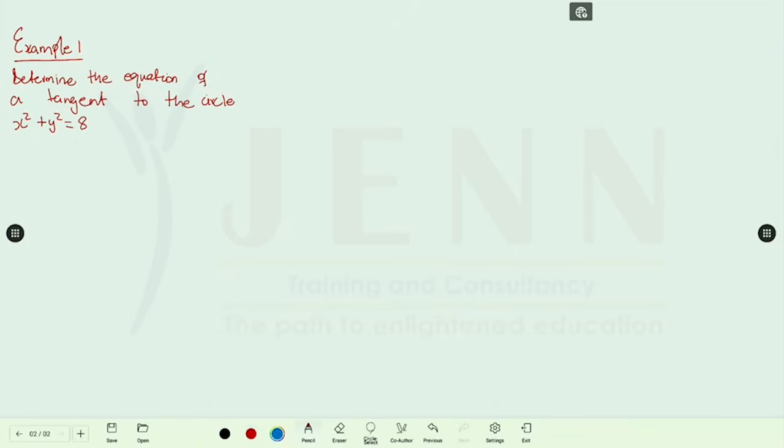Then we are having it at what? At point A. What is point A? It is a point of contact. At point A, the coordinates of point A will be 2 and -2.